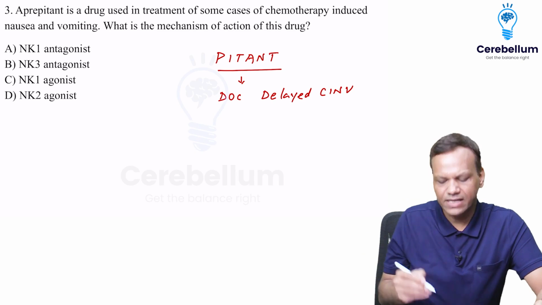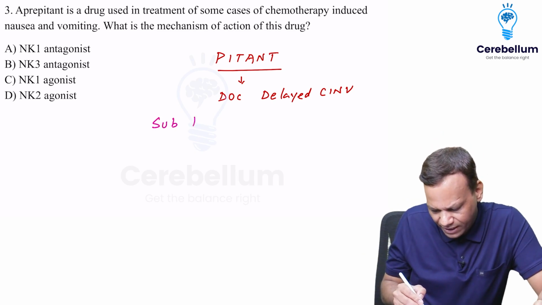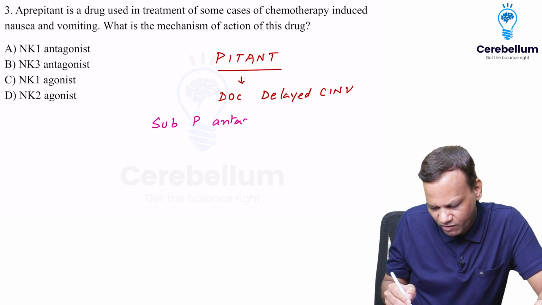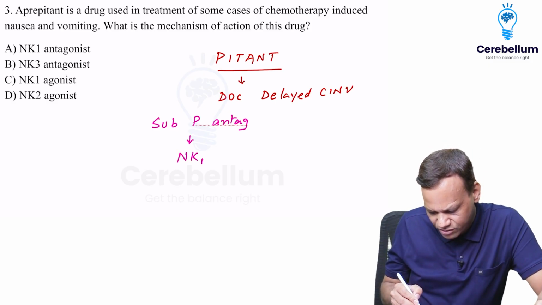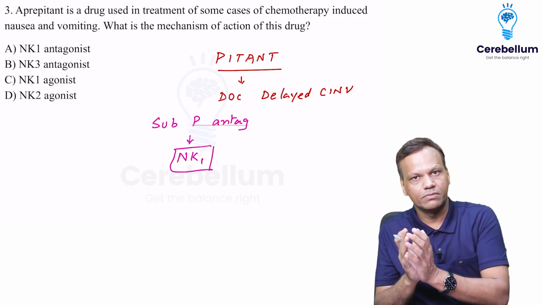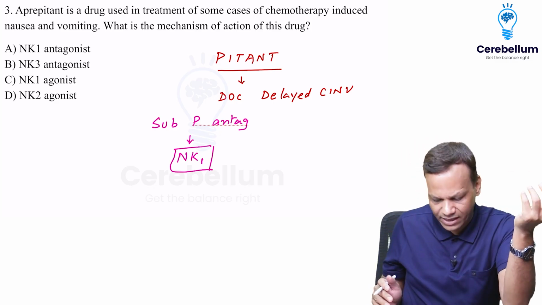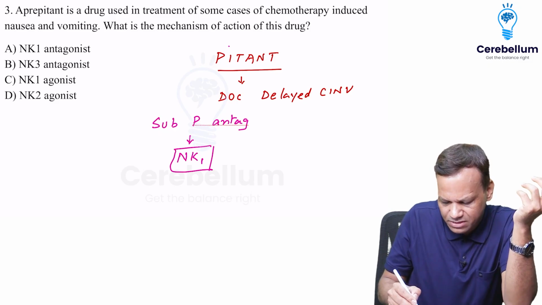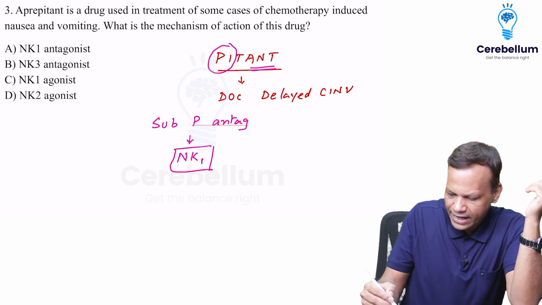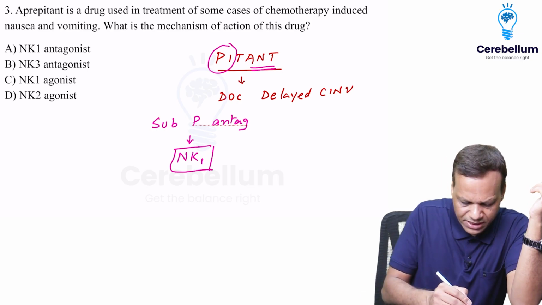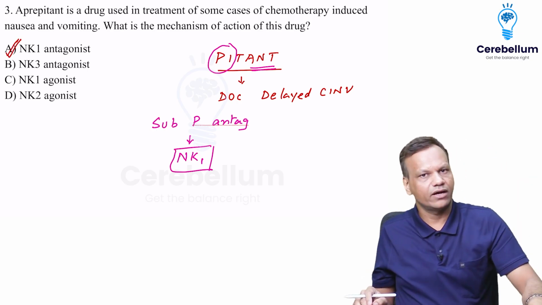These are basically substance P antagonists. Substance P is basically a type of neurokinin. So these directly bind to NK1 receptors of the neurokinin and block them. So they are NK1 receptor antagonists. So they are named as substance P antagonists. So they act by inhibiting substance P, that means neurokinin 1 antagonist.